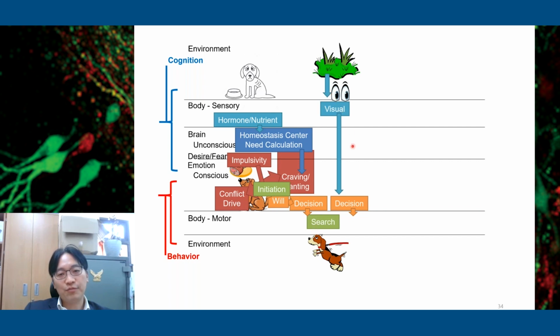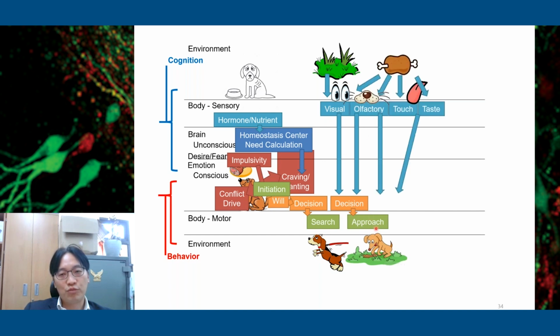And you find something, and you make another calculation in the brain, and you start to approach. And when you get close to your reward, like you enter a McDonald's restaurant or a pizza restaurant, you suddenly smell the bread, and then you decide to consume, put it in your mouth.